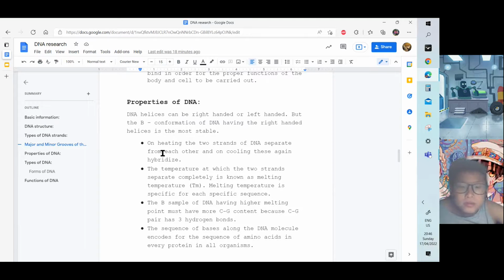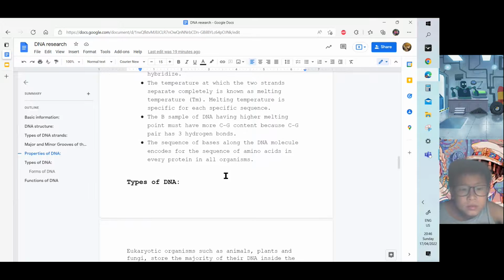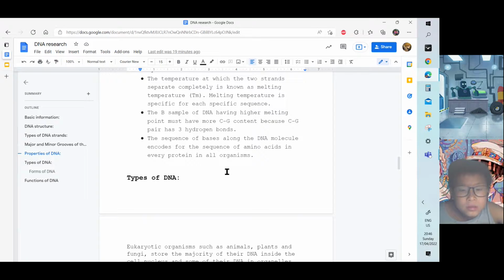The temperature at which the two strands separate completely is known as melting temperature, or Tm. Melting temperature is specific for each sequence. A sample of DNA having a higher melting point must have more CG content because the CG pair has 3 hydrogen bonds. The sequence of bases along the DNA molecule encodes the sequence of amino acids in every protein in all organisms.